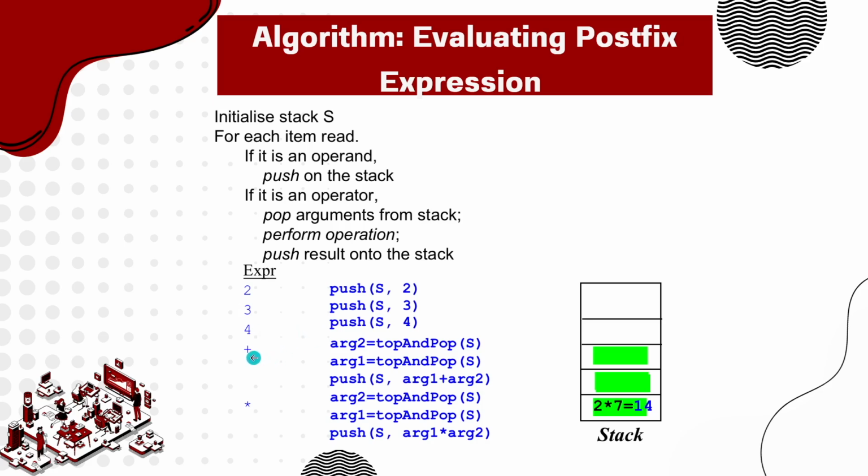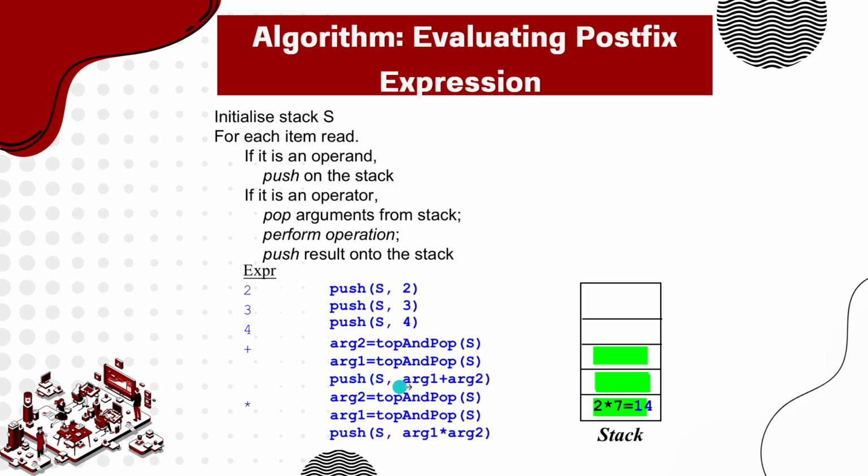The next is the operator plus. I said whenever we have an operator, we have to pop 2 entries from the stack. So, we pop the first entry. Now, 4 should be at the top of the stack because it entered last, so that becomes our second argument. Then we pop one more element, which should be 3, and that becomes argument 1.